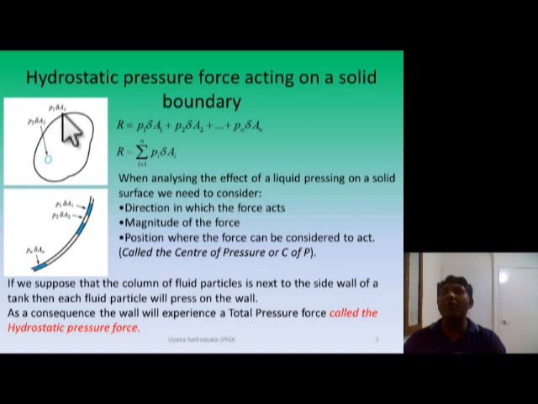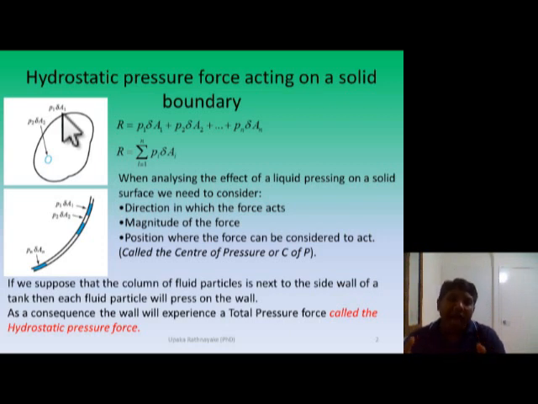Now, let us again forget about this liquid thing. We have a set of forces, say P1 delta A1, P2 delta A2, Pn delta An, and we know how to find the resultant force out of this set of forces. But what are the important points of this resultant force? Obviously, the magnitude of the resultant force, the direction of the resultant force and the point of action of the resultant force.